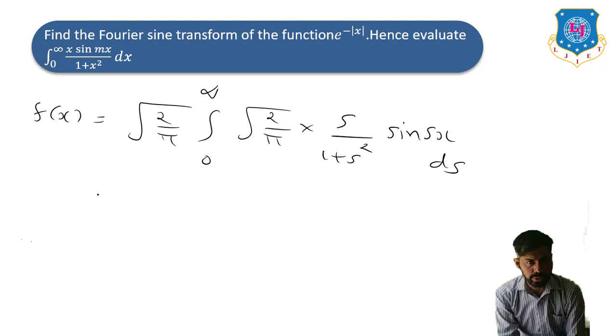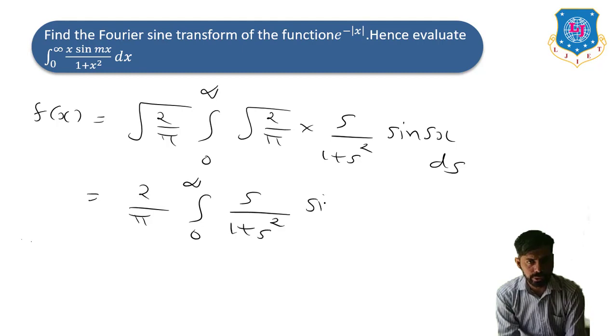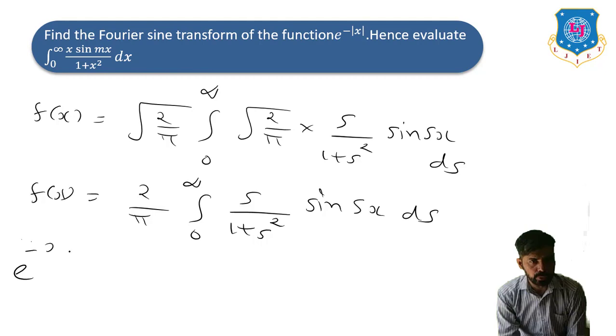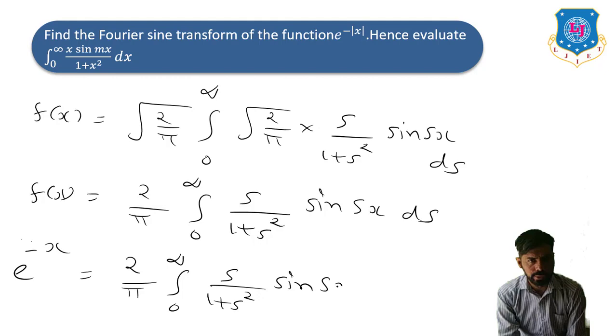So this can be written as 2 by pi integration 0 to infinite s upon 1 plus s square sine sx ds. Now here what is f of x? It is e raised to minus x, that is given function e raised to minus x is equal to 2 by pi integration 0 to infinite s upon 1 plus s square sine sx ds.